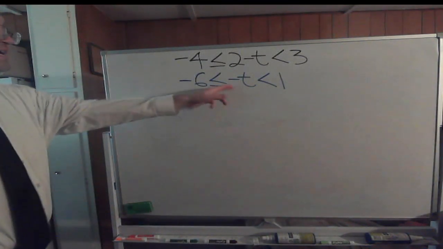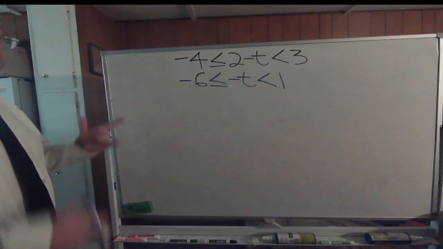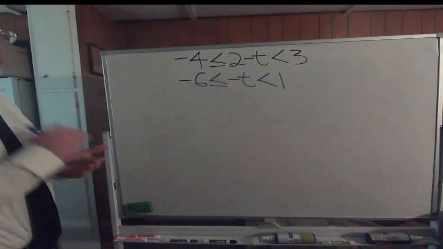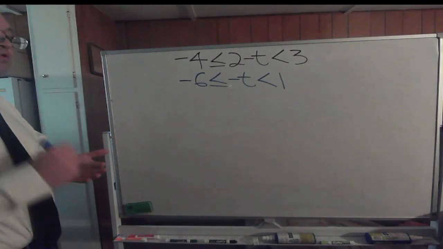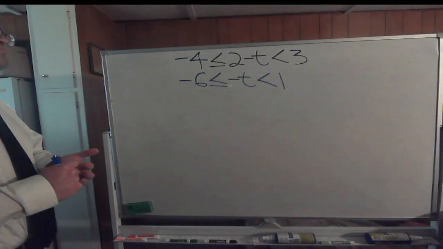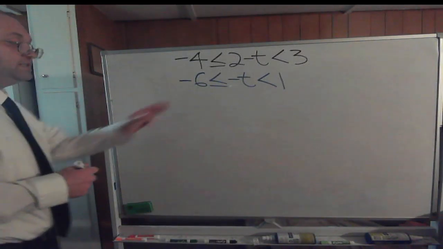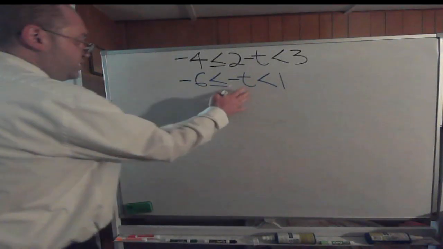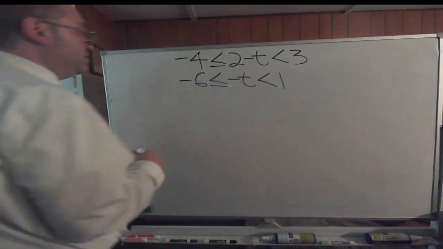Well, we have a negative on the variable, so we know it's going to be flipping some signs. To make life abundantly easier for yourself, I suggest you split these up into separate parts. Since this is a conjunction, we can split them into separate parts.